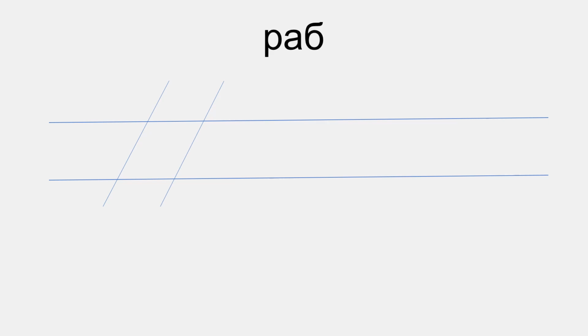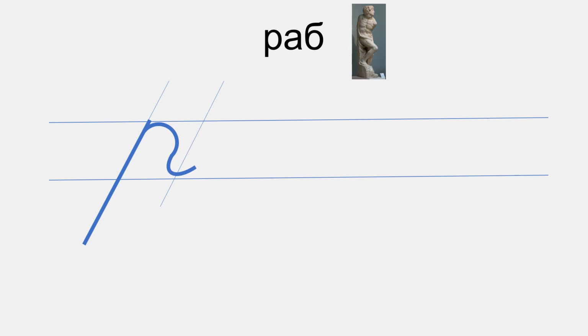The second word I picked is rab. Rab means slave. I picked this word because I want to see how we connect B to the end of our word. So we start with Russian R. You remember, downstroke, curve, then we connect the oval for A, hook, and we connect B, oval, and then our hook.